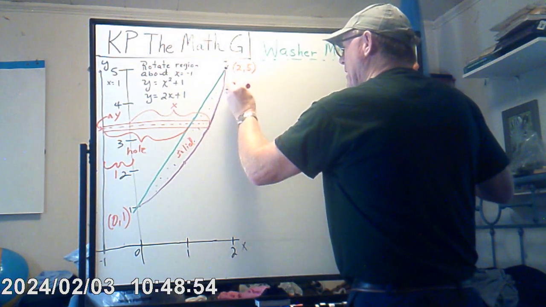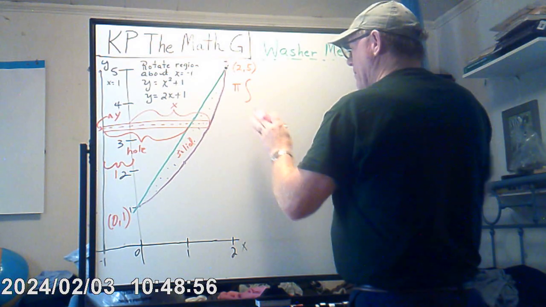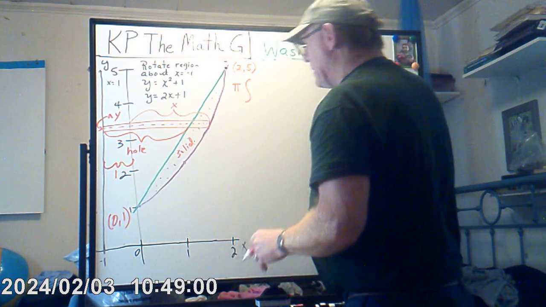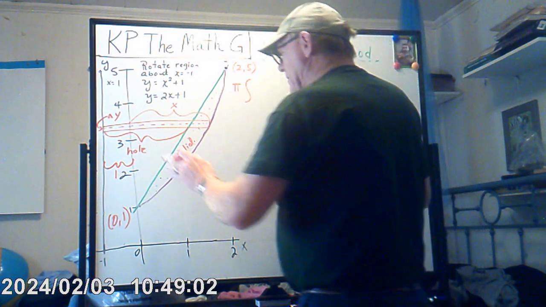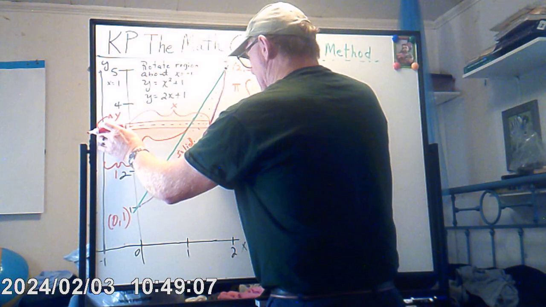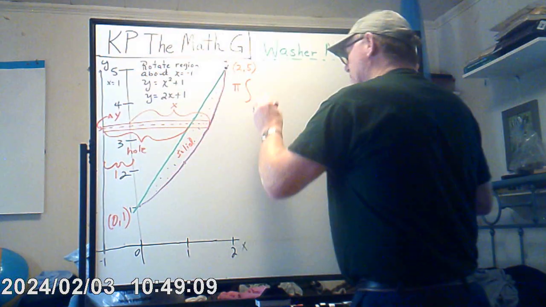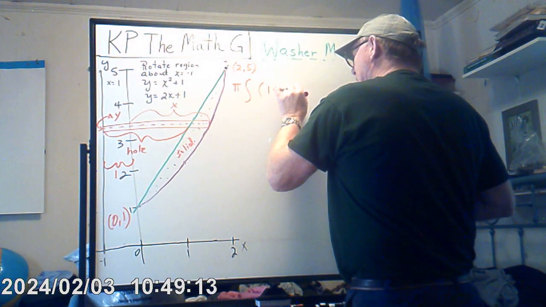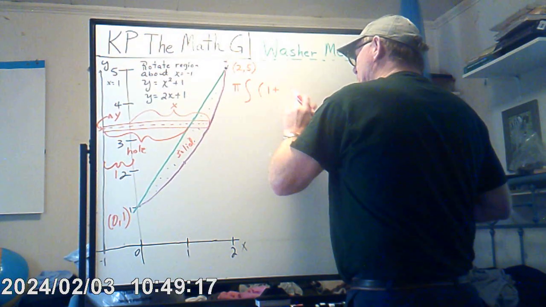This is pi. Now, we're going to worry about the limits of integration in just a moment. But right now, we're just going to set this up. This distance is 1. This distance is x. So this is 1 plus x, which we're going to find out in just a moment what x is.